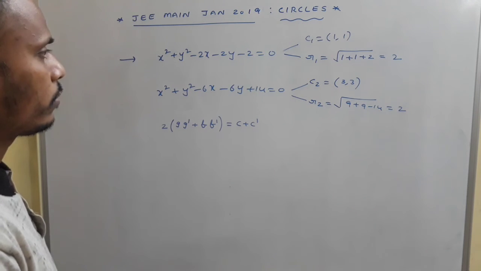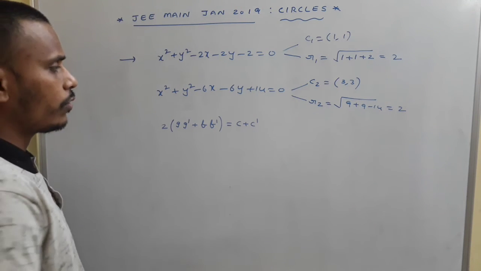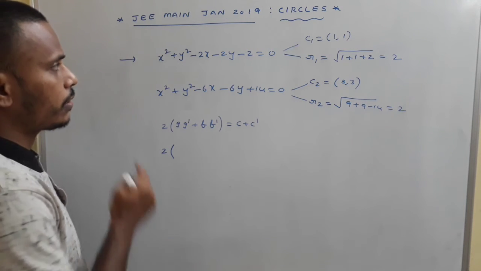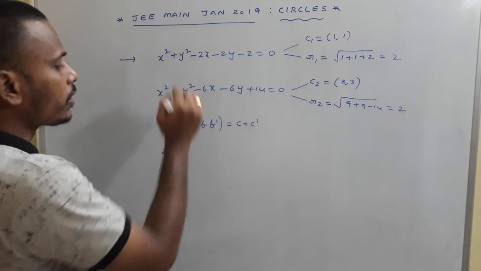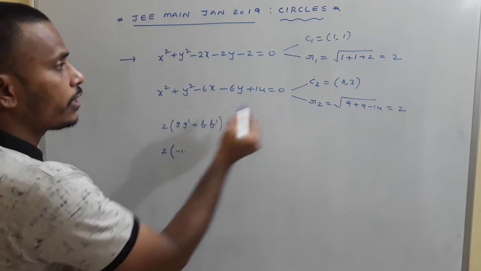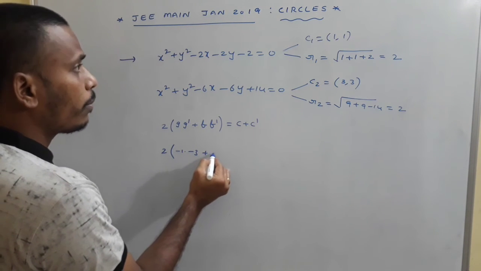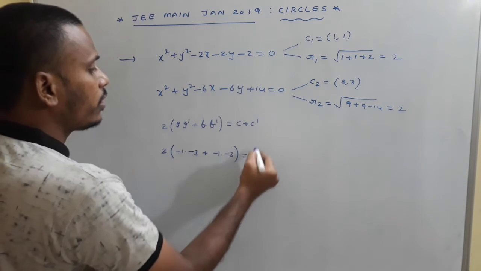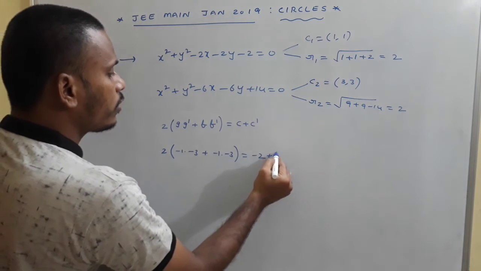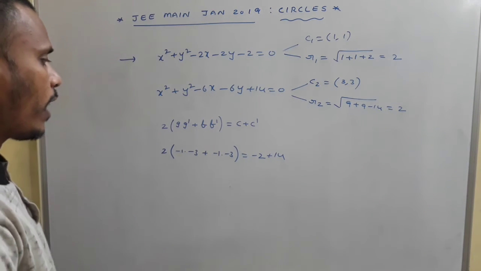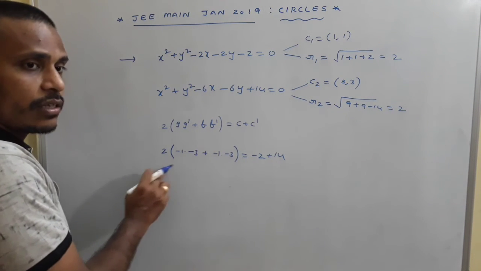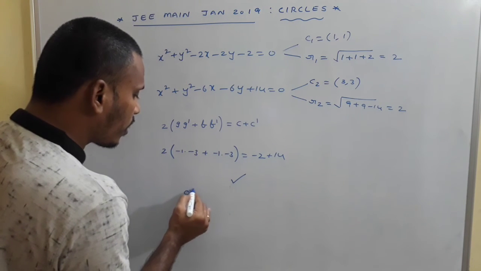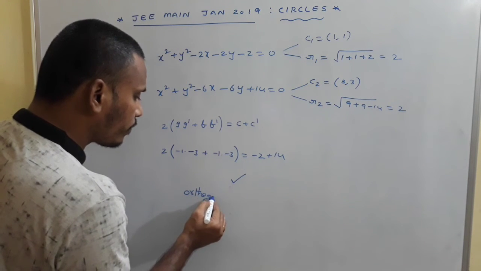If you check it, 2 into G dash: G is minus 1 and G dash is minus 3, F is minus 1, F dash is minus 3, C is minus 2, C dash is 14. If you calculate it, 3 plus 3 is 6 into 2 is 12, and here it is 12, so it is satisfying. So the circles are orthogonal.